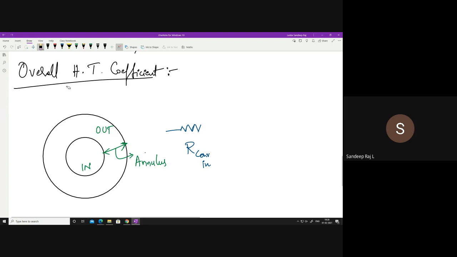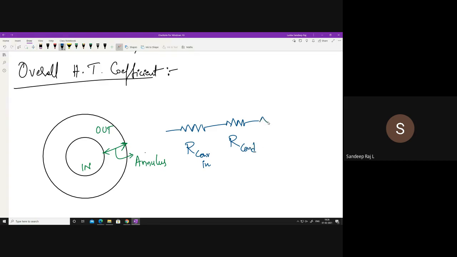Now let's move to the second one. Okay, what is the second resistance here? The second resistance will be the resistance due to the conduction provided by this inner tube.